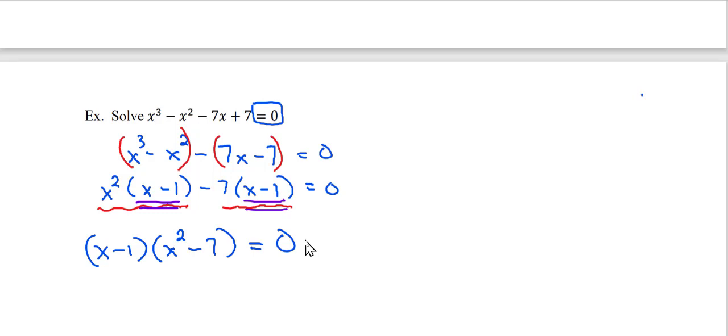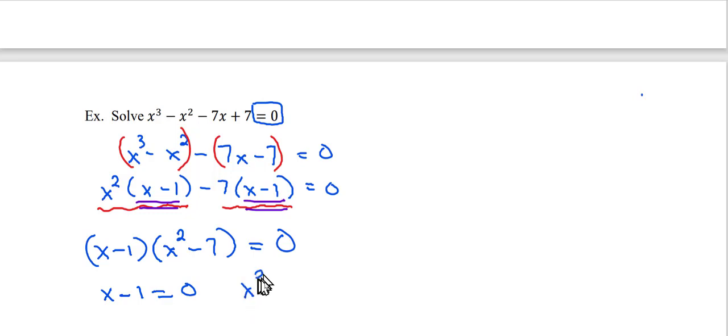And now I have factored this. We call this factoring by grouping. If you have not seen this or you don't remember this, this is kind of a prerequisite for this class. So if you haven't seen this or don't remember this, you can do a Google search, a YouTube search for factoring by grouping, and you'll get plenty of videos to watch if you're not sure.